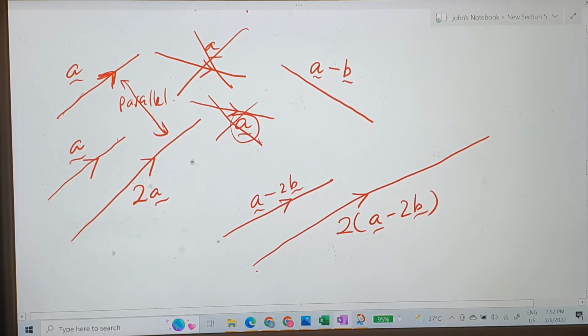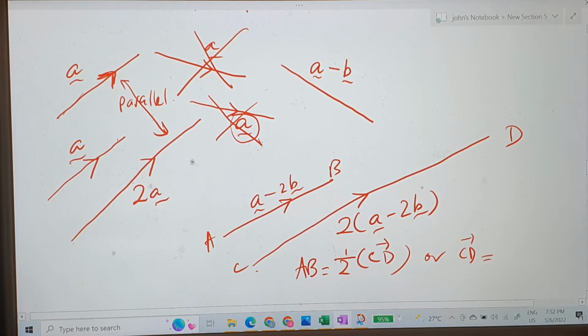So can you see that, let's say I call this AB, then this one CD, then AB is half of CD. Or I can say that CD, this vector, is twice of AB.